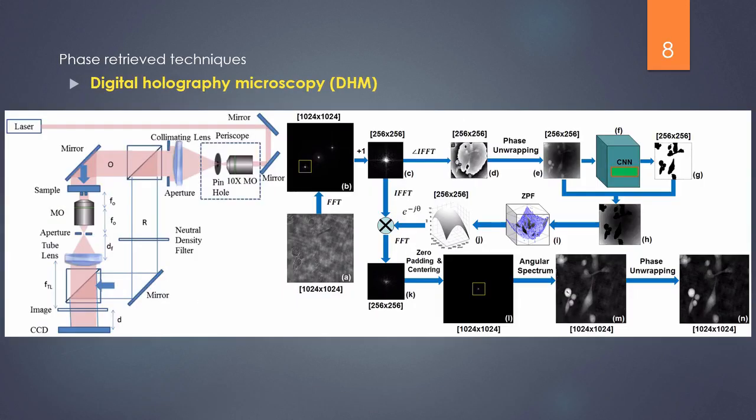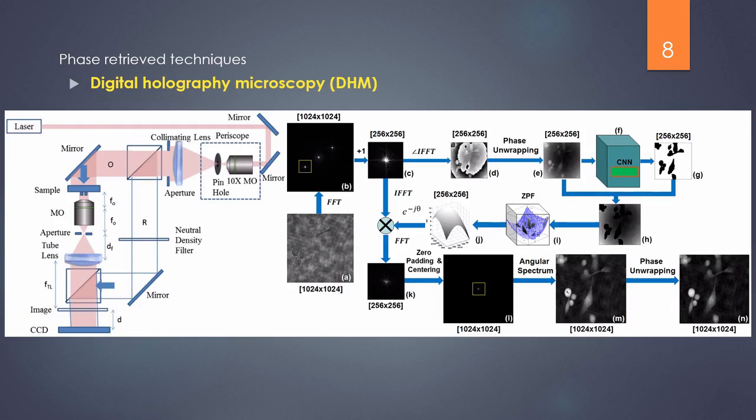For another technique to get the phase, I use digital holographic microscopy. This technique requires only one image instead of multiple images like the TIE, but it requires another setup with a reference beam.